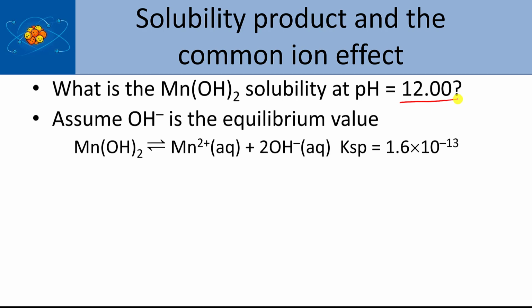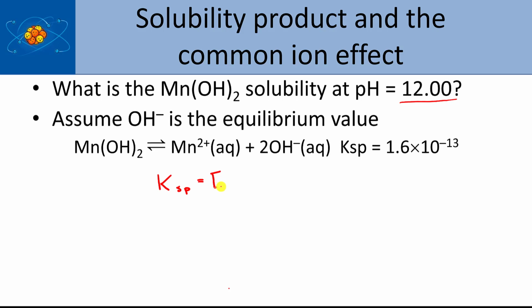Well, sometimes it's presented as a buffer problem, and when you have the buffer, it holds the concentration at a particular value. So in this example, we're going to assume OH is the equilibrium value. This is where students will sometimes get stuck and not know what to do, but it's actually the simplest problem that we can do, it turns out.